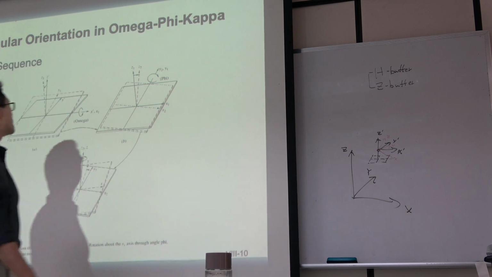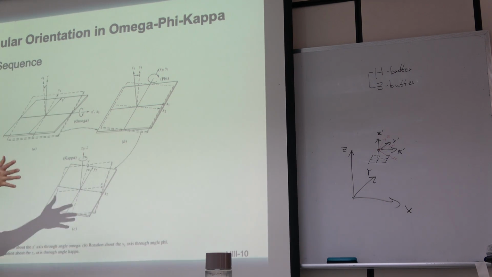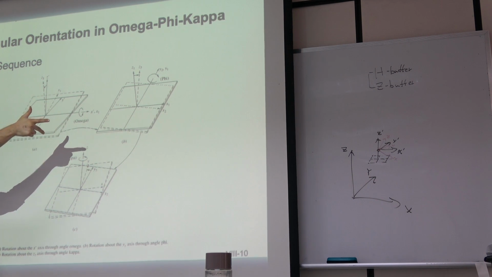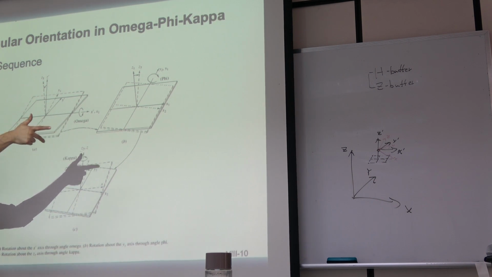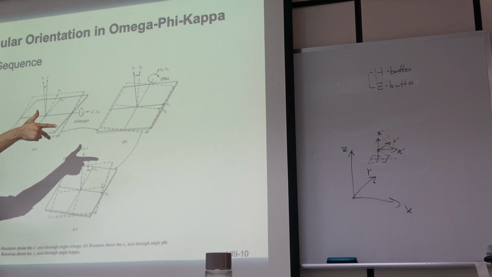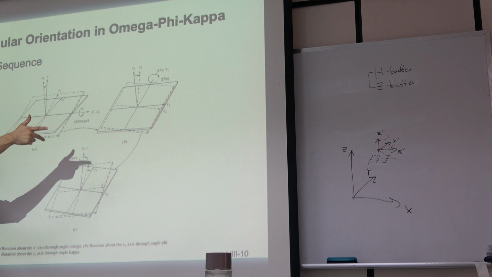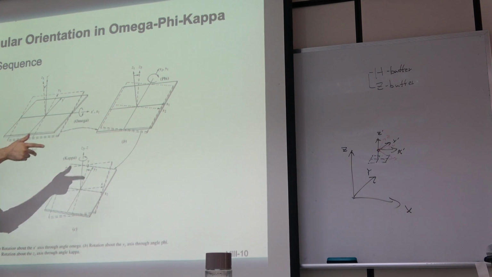All right, so let's first assume this is the x plane, y plane, and z plane. To understand the relationship between the x plane, y plane, and z plane and the final x, y, and z, we will do it step by step. The steps are omega first, phi second, and kappa last. So we will rotate omega first.